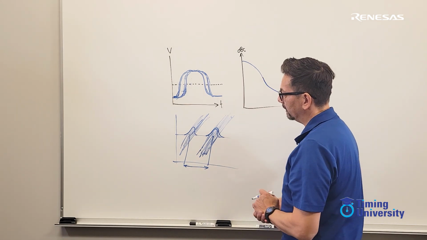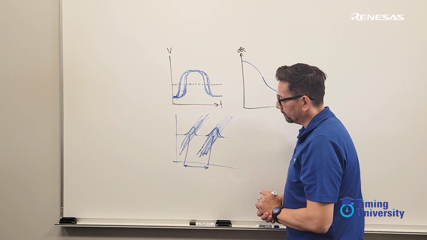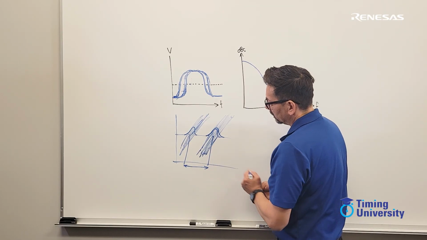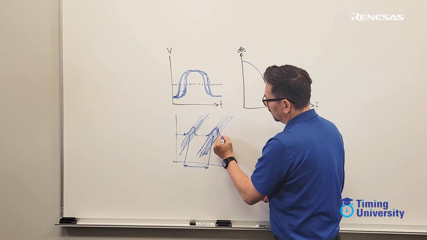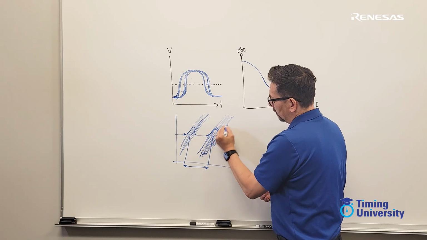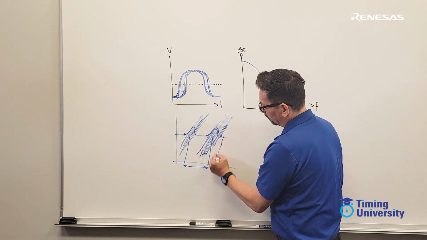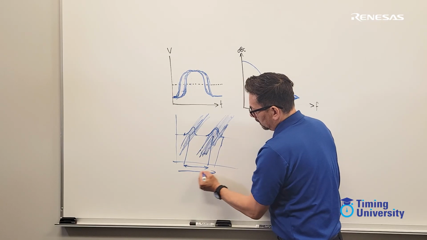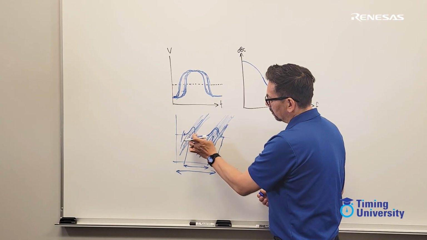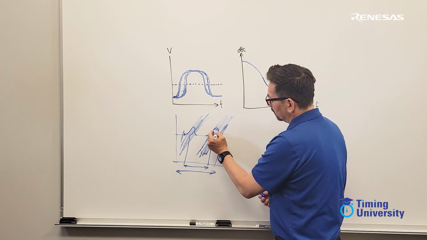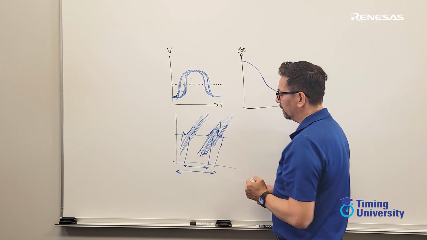And this is fixed. Now there is a spec called total jitter, which takes into account the growth of these two edges. So as we capture more waveforms, this edge grows out, and that's what we call total jitter, because it takes into account not only the deterministic jitter, but also the growth of the random jitter.